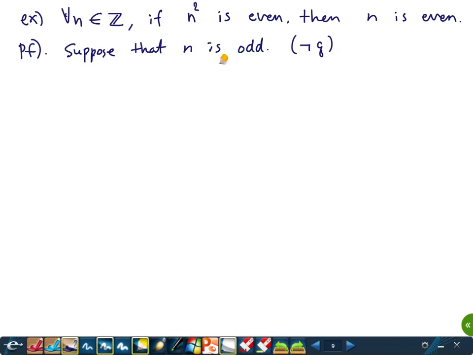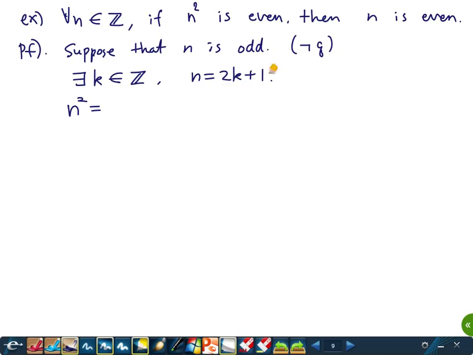So let's see what happens. Because n is odd, there is an integer k such that n equals 2k plus 1, right? Because we assume that n is odd. Now let's consider n squared. This is (2k plus 1) squared.